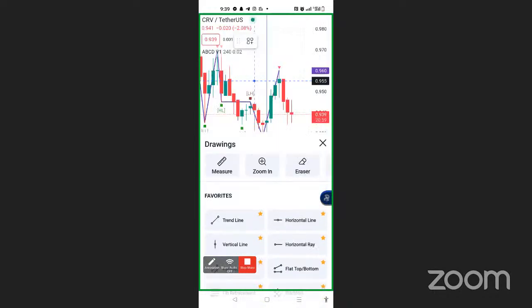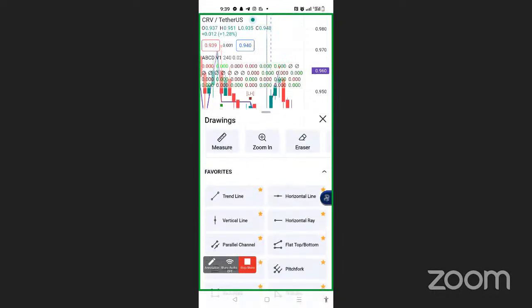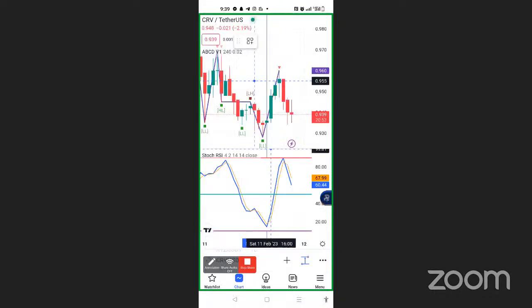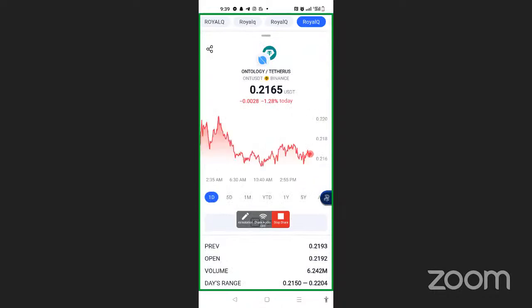I'll not draw the line, but I basically enter from here. Okay, wow, it was so sweet, 2%. Beautiful. Okay, let's find another trade in a downward trade market.